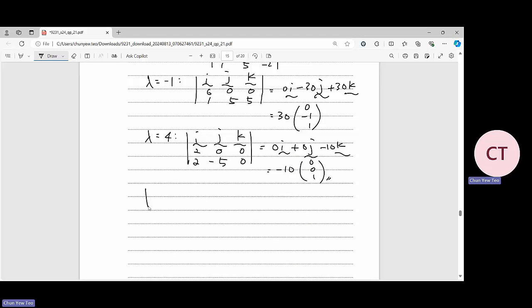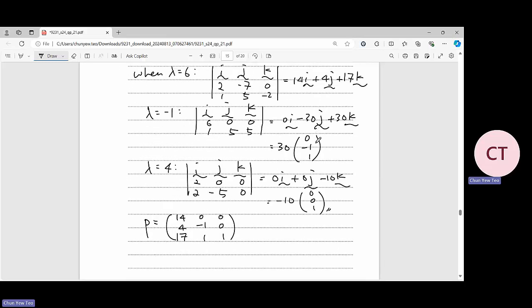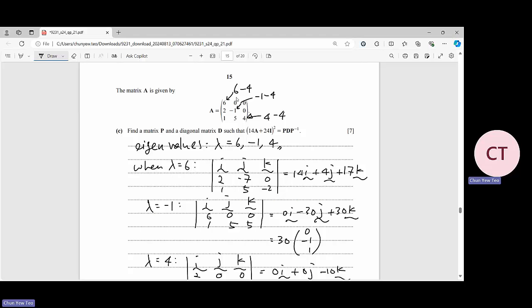Therefore your P is equal to the matrix with columns 14, 4, 17, then 0, -1, 1, and 0, 0, 1. That is P. Then the diagonal matrix, maybe I call it D1, not D. The question is looking for D, but D looks a bit complicated here.